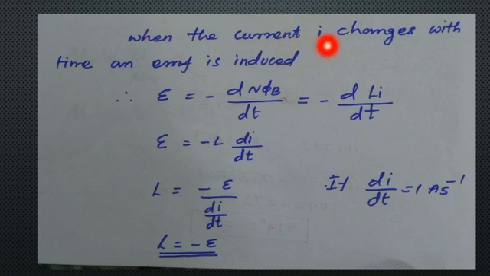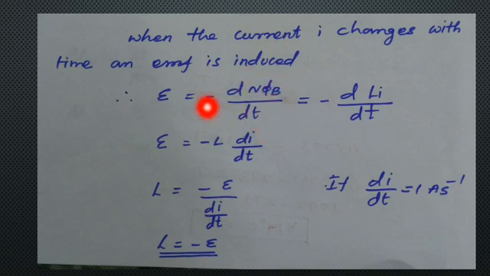When the current I changes with respect to time, an EMF is induced. Therefore EMF e is equal to minus d(nφ)/dt, where nφ is the total magnetic flux.